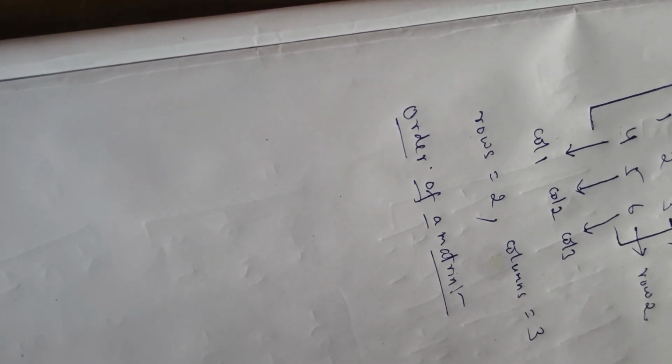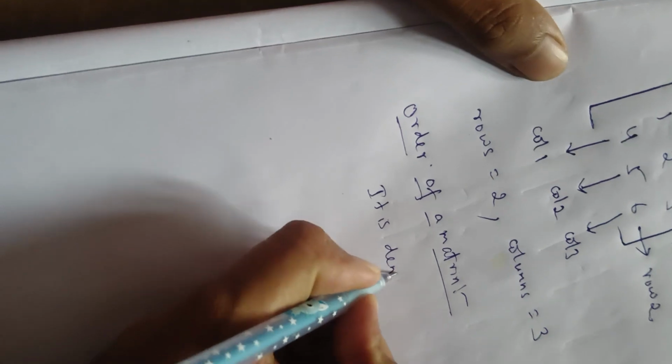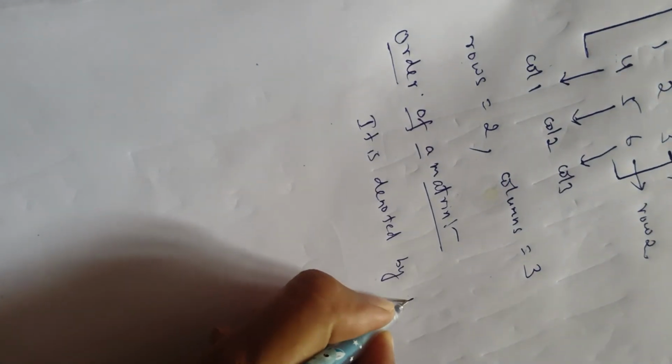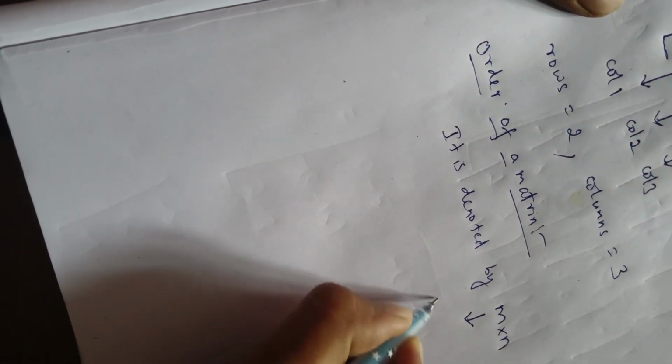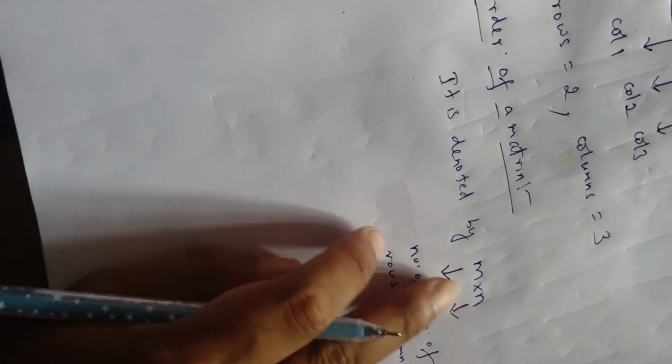Order of a matrix is denoted by m by n, where m represents number of rows and n represents number of columns, okay? Where m represents number of rows and n represents number of columns.